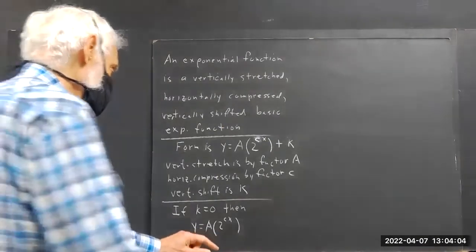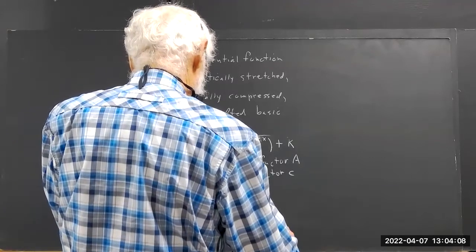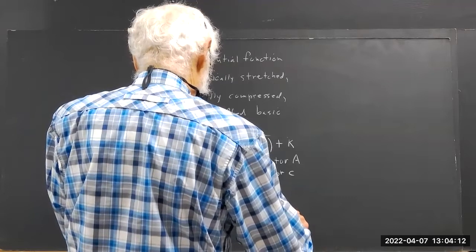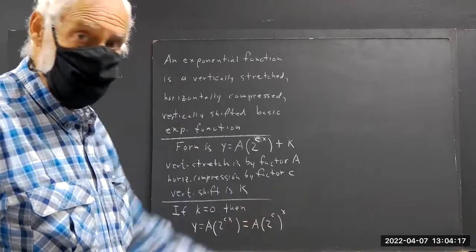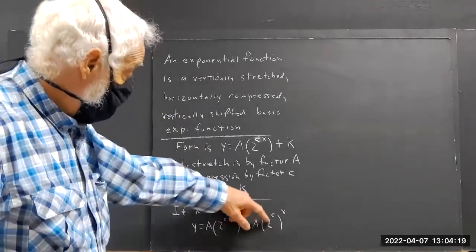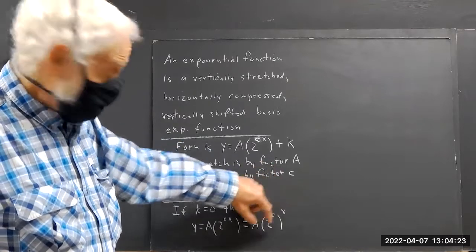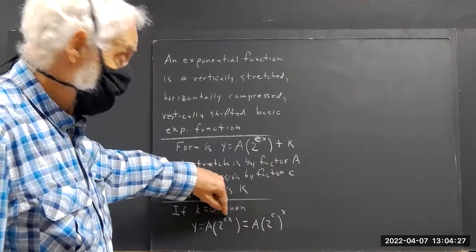And by the laws of exponents, that's A multiplied by 2 to the C, raised to the X power, because if you do a power of a power, you multiply the powers. So 2 to the C to the X is 2 to the CX.